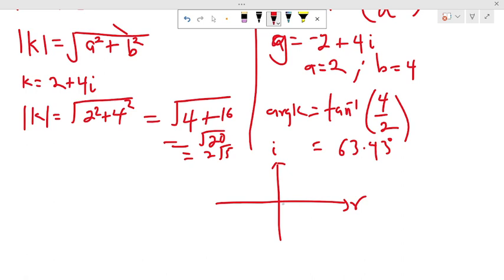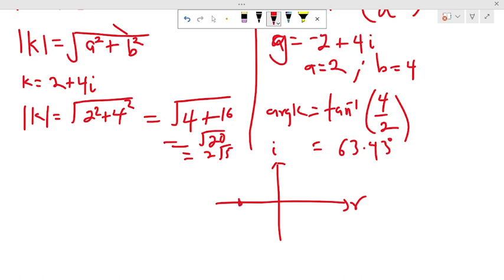We know that for this part of a Cartesian plane, this part is positive and this part is negative. For the imaginary part, the upper part is considered positive and the lower part is considered negative. And so if you have -2 here, -2 for the real part, it's going to be somewhere here.